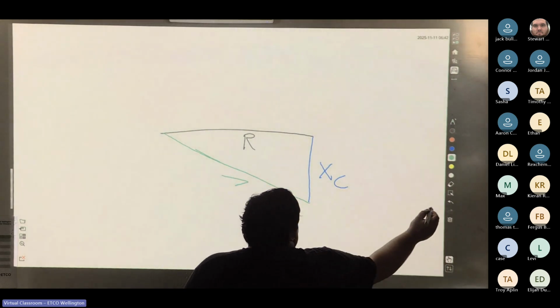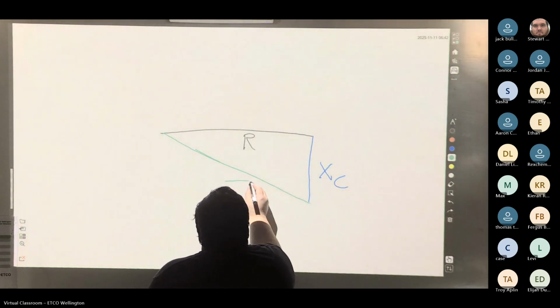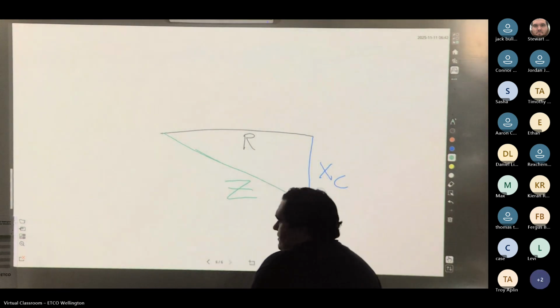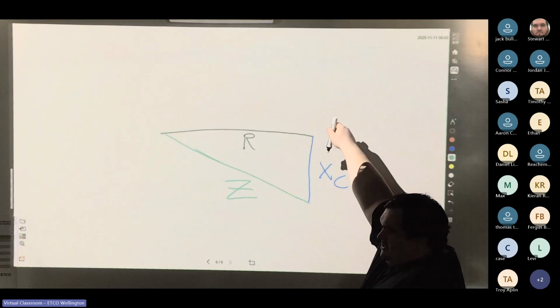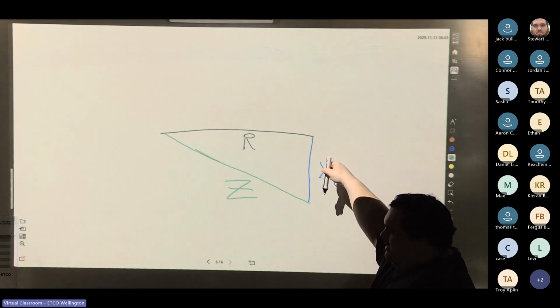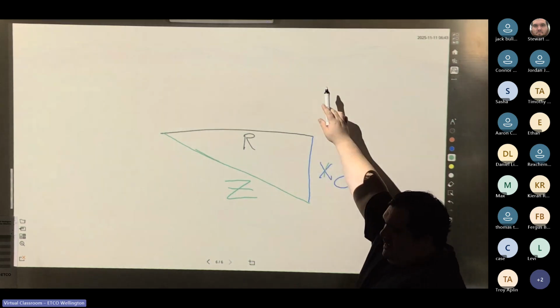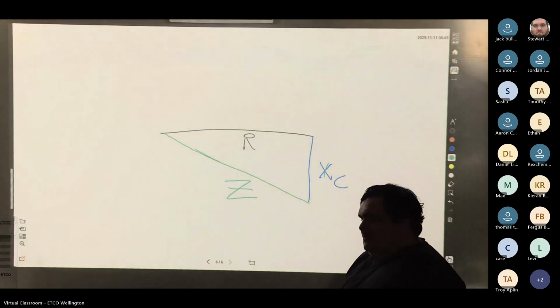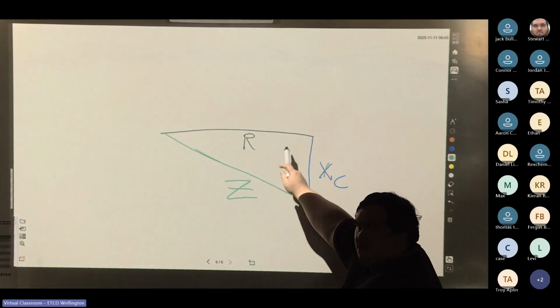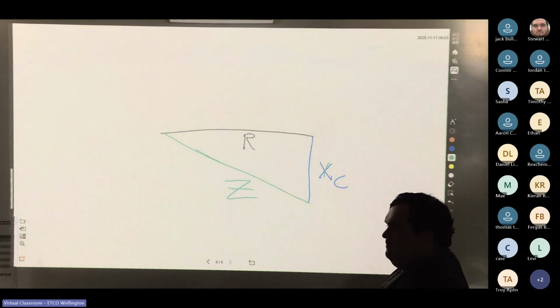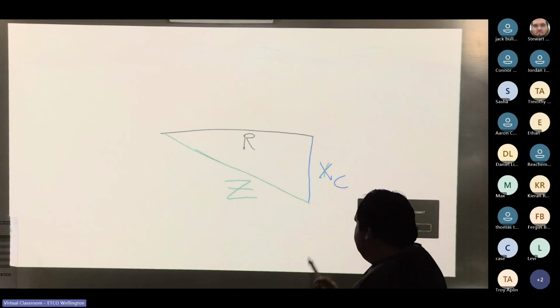So we draw the XC going down and the XL going up, because the resistance follows the voltage, which is our horizontal reference line. Does that make sense to everyone?